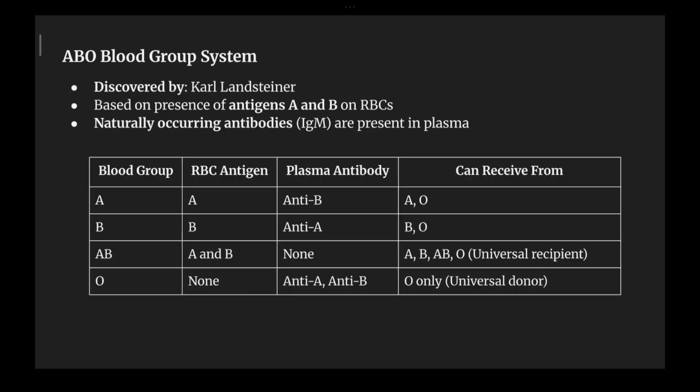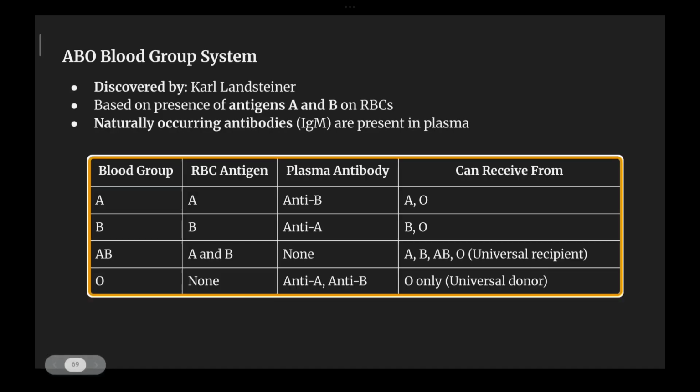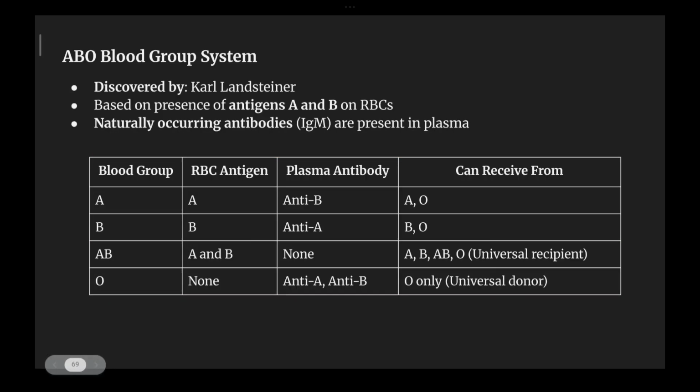Naturally occurring IgM antibodies are present in plasma, and these are directed against the opposite antigen. Here is a table of the antigens and antibodies present in each blood group.